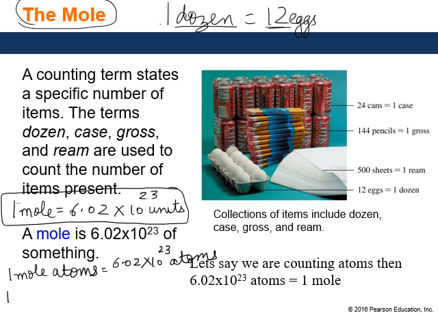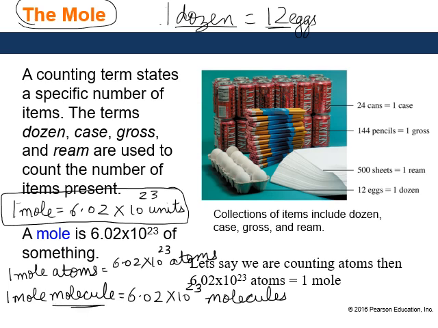If you have 1 mole of molecules, then you have 6.02 times 10 raised to power 23 molecules. So what is important to remember is that when we say 1 mole of a substance, you have these many of that particular substance.